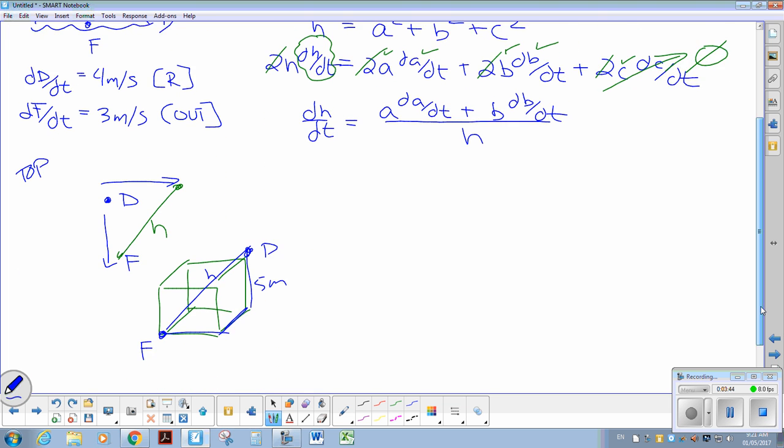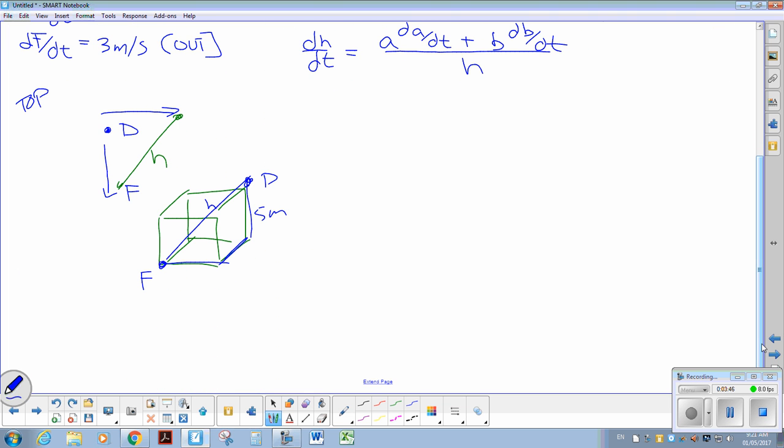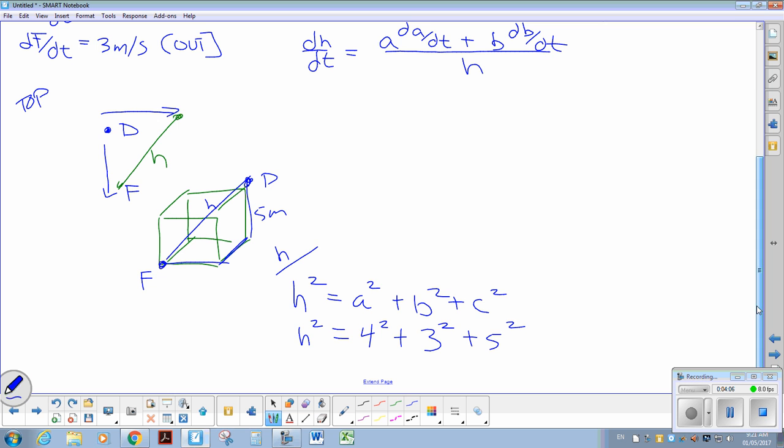So it looks like a 3, 4, 5 triangle in 3D. Still, h squared equals a squared plus b squared plus c squared. So this is me finding my h value after a second. The dog ran 4 meters. The fish swam 3 meters. And the bridge is 5 meters high.